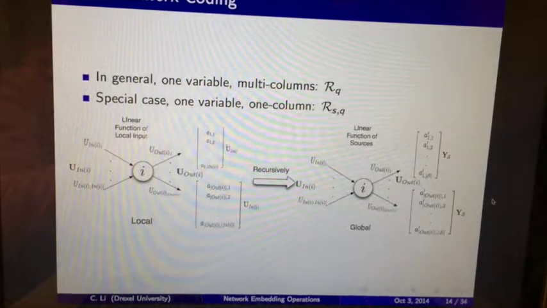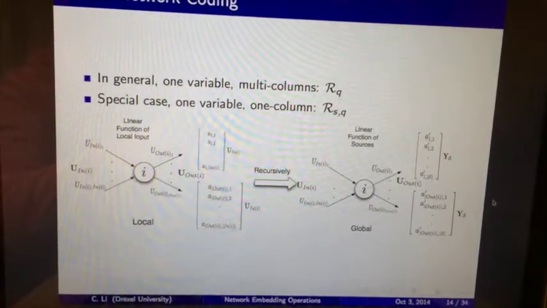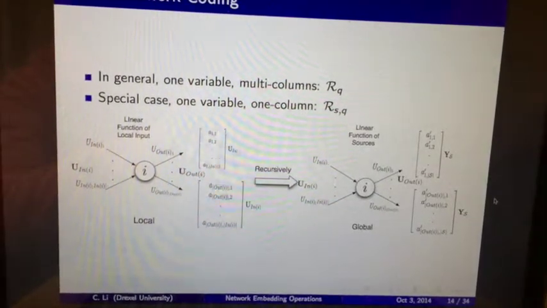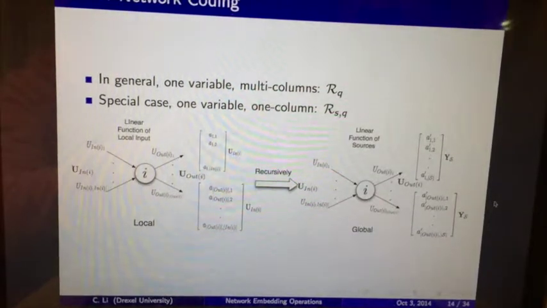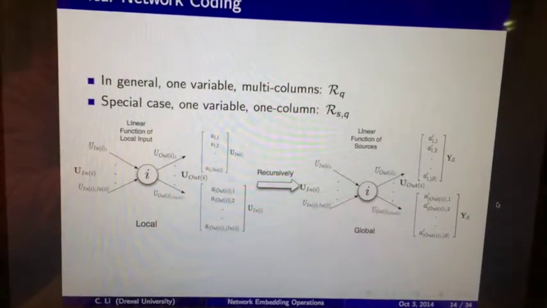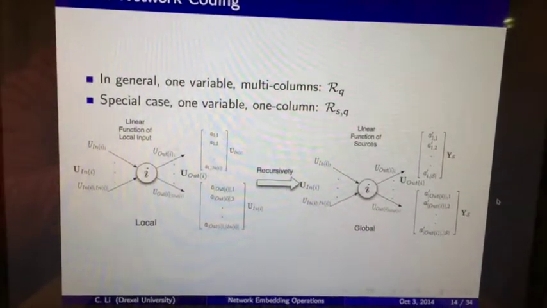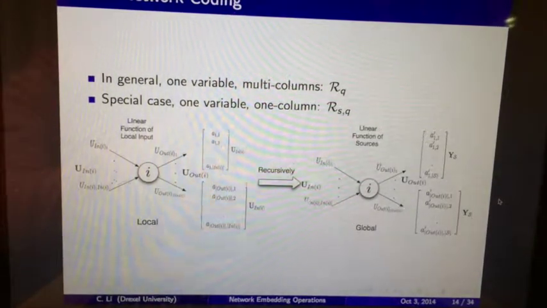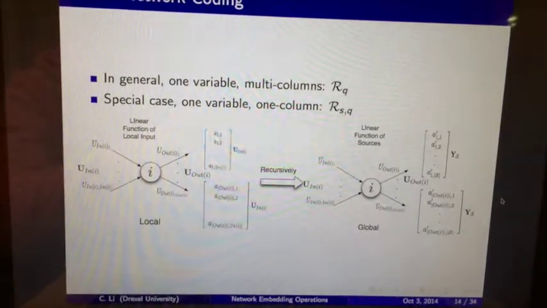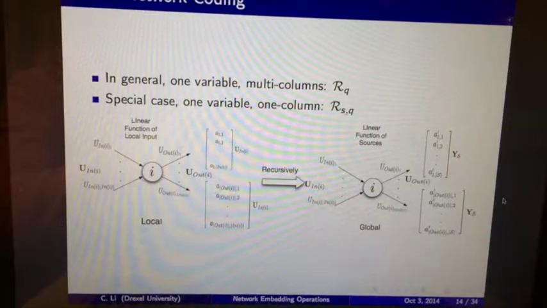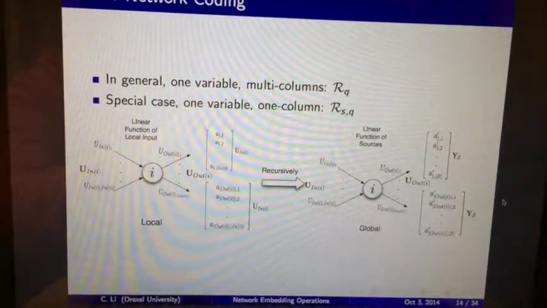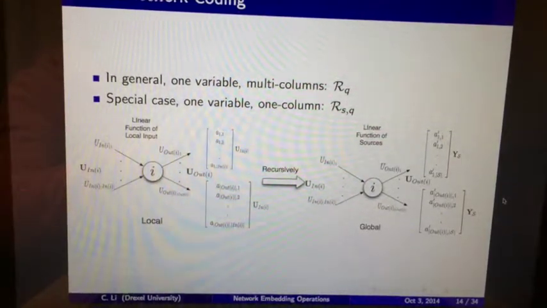We consider the sufficiency of linear codes. We know that for an intermediate node, the output is a linear function of the input. This is called a local function. If we recursively trace back, we find the output is a linear function of the sources, called the global function.